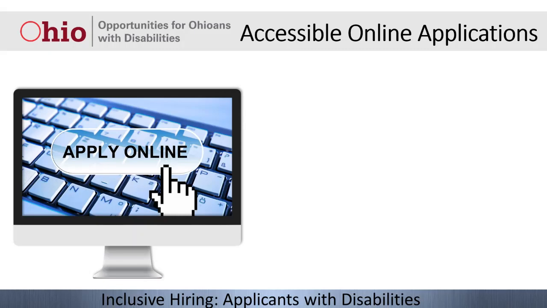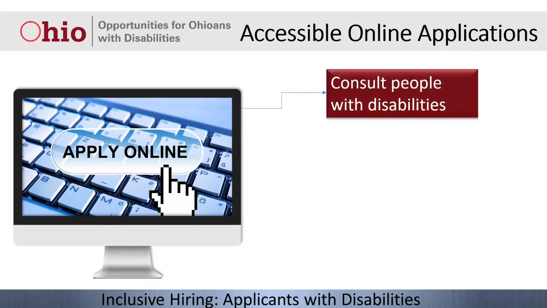Let's first talk about the online application. The first tip is to consult people with disabilities in the design process because they are often the best source of ideas for how to make work environments, job tasks, and processes accessible for everyone. The next tip is to include the accessibility statement and make this easy to find on the application page.